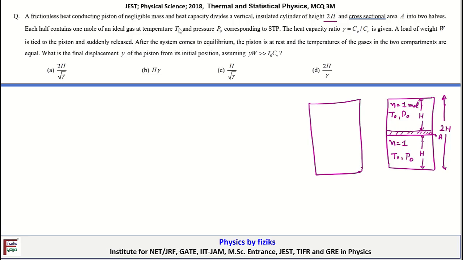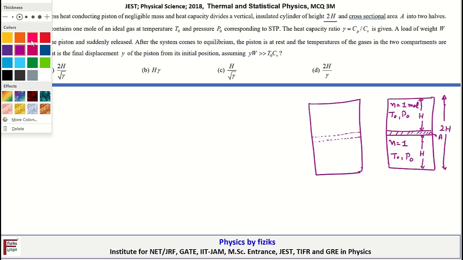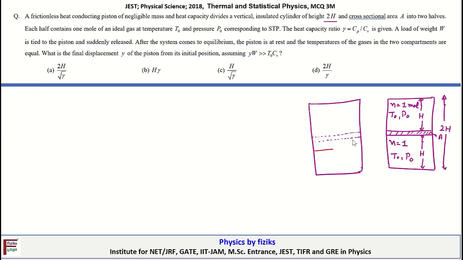This corresponds to the initial equilibrium state, the position of the piston when there was no load attached. Now when a load is attached, suppose the piston has moved by a certain distance. This is the new position of the piston when the load is attached.